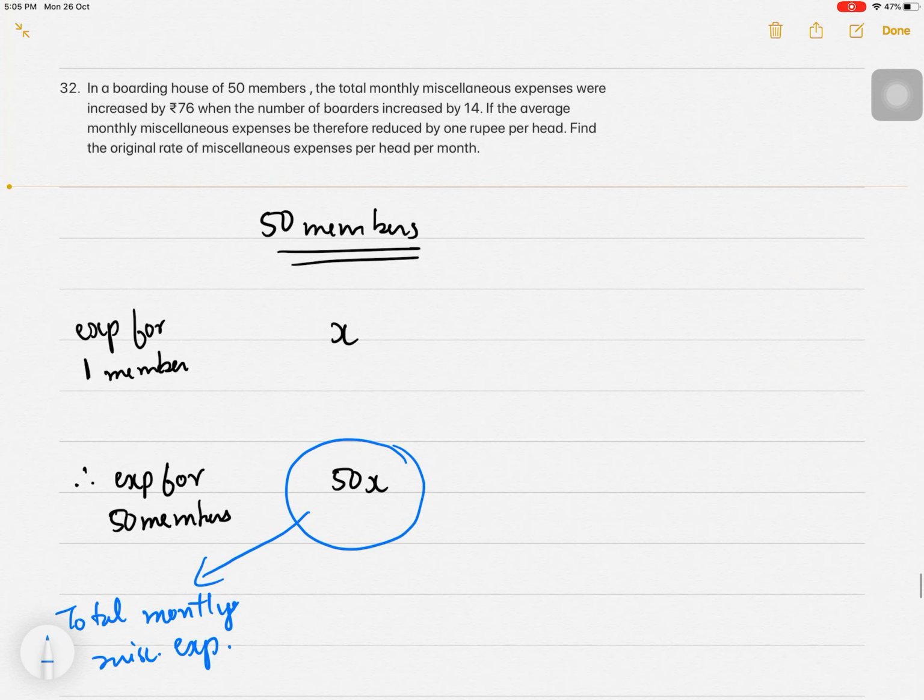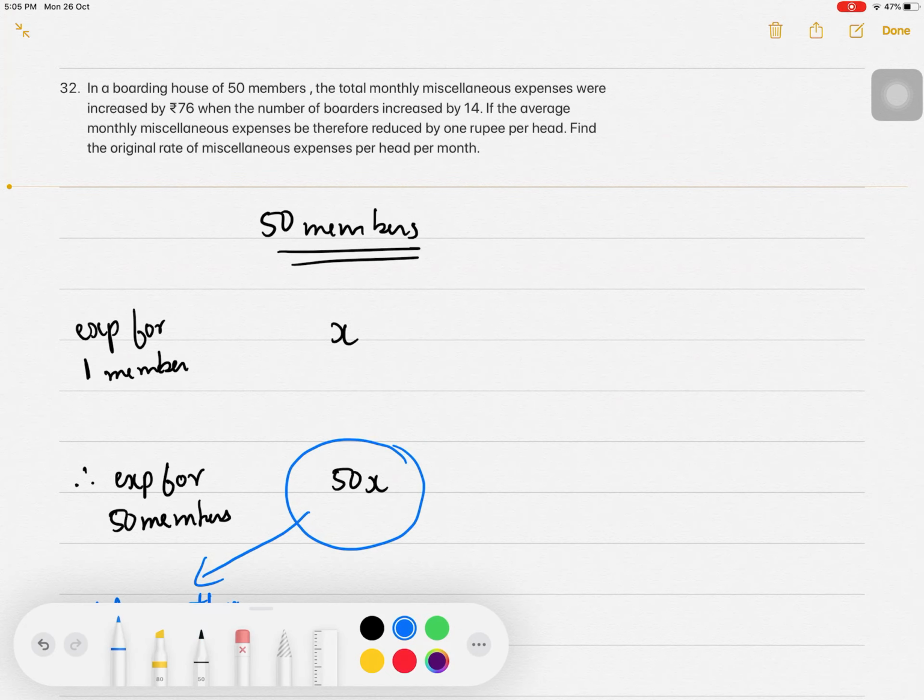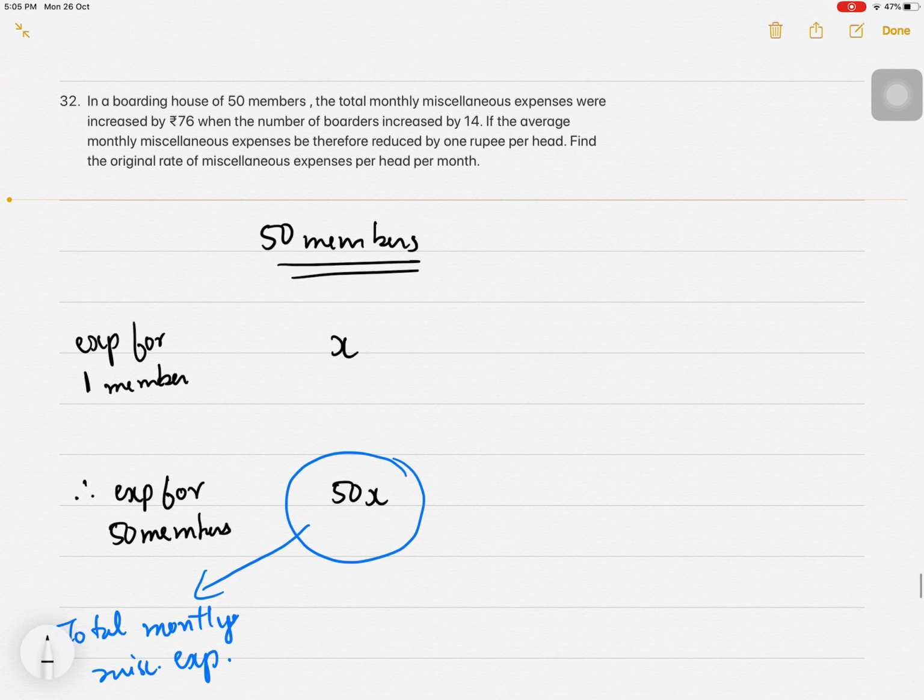Total monthly miscellaneous expense is 50x when there are 50 members. Now, what they have said is the total miscellaneous expenses increased by 76 when the number of boarders increased by 14.